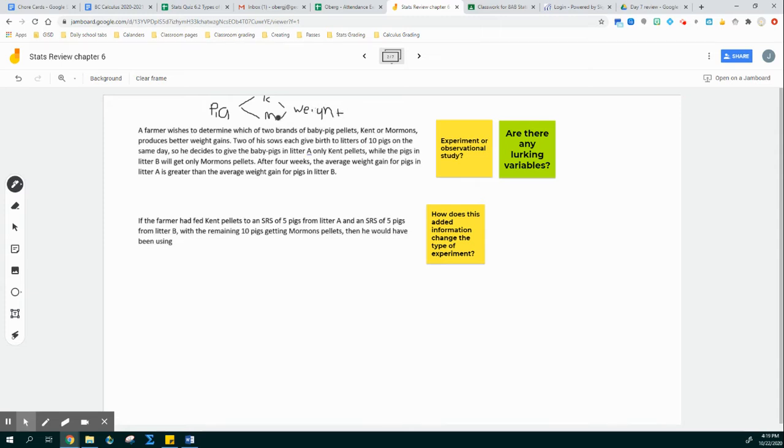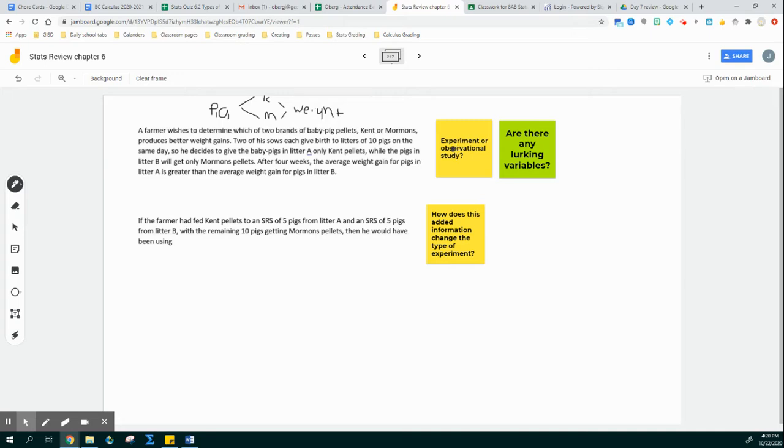So my explanatory variable is the type of food, and the response variable is how much weight they've gained. Two of his sows, mama pigs, each gave birth to litters of 10 pigs on the same day. So he decides to give the baby pigs in litter A Kent pellets, while the pigs in litter B will get Mormon pellets. So we've got Kent, we've got Mormon, and then we're going to compare the weight. So my subjects are split into Kent and Mormon.